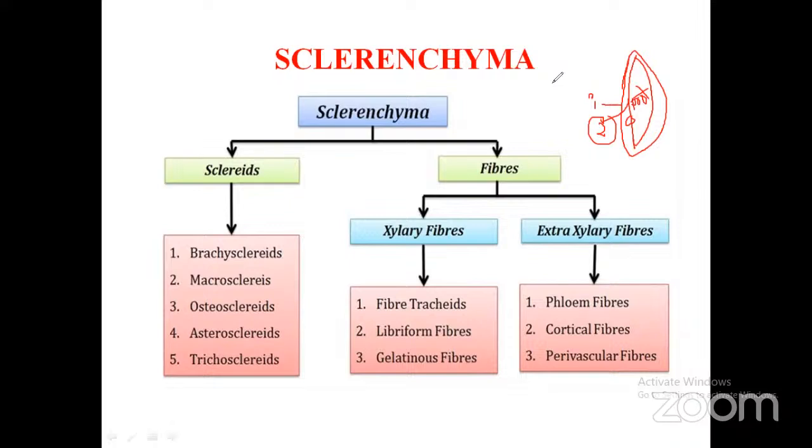Right? If you see the types of sclerenchyma, there are broadly two categories: sclereids and fibers. First, the sclereids.